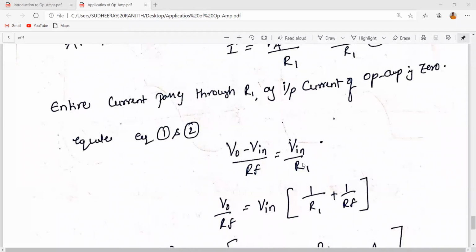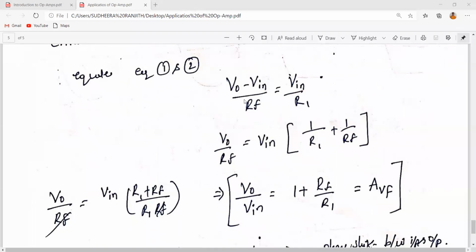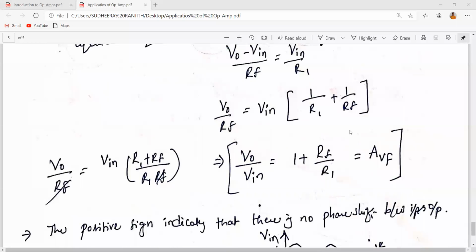After simplification, take Vin by RF to the right side, take Vin common and do the LCM. The RF in the denominators on both sides gets cancelled. Then the closed loop gain V0 by Vin equals 1 plus RF by R1.